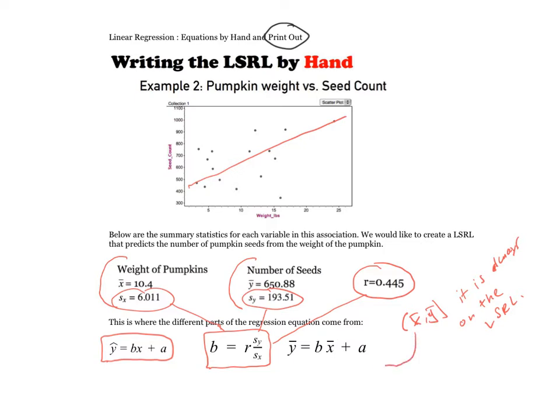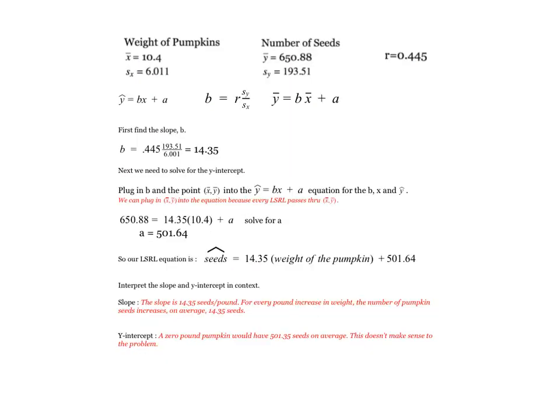So I can plug those values in for y and x, and plug in my slope, and that would allow me to solve for a, which is the y-intercept. So it's using those 5 numbers in the summary that I can piece together the least squares regression line. Let's do it together on the next slide.